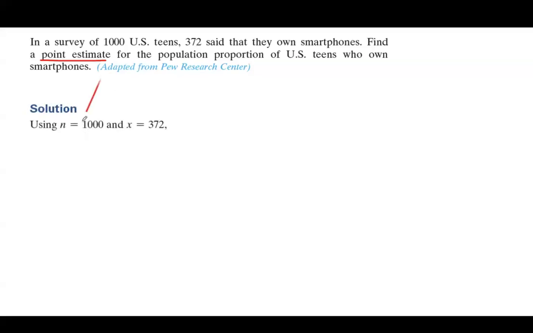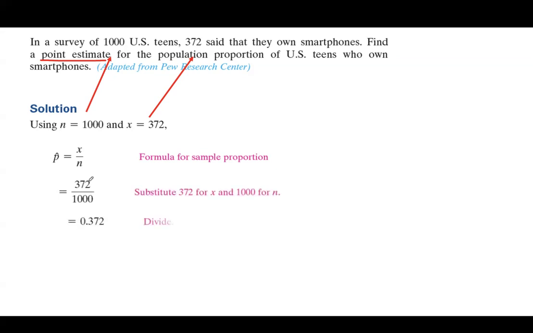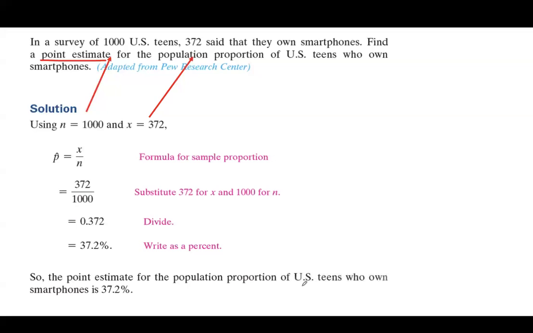We have 1,000 people participating in this survey. x is the number of successes, the number of people who said yes, 372. Remember the formula for p hat: p hat is x divided by n. So divide x by n and you get 0.372, or 37.2% of teenagers said yes, we have a smartphone. So the point estimate for the population proportion of US teens who own a smartphone is 37.2%.